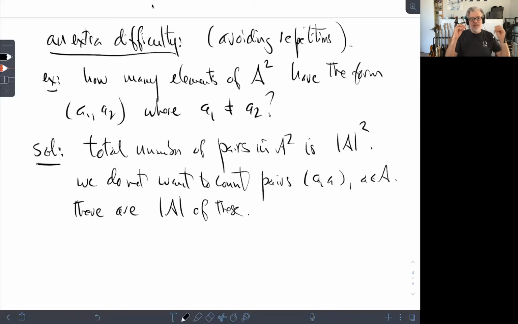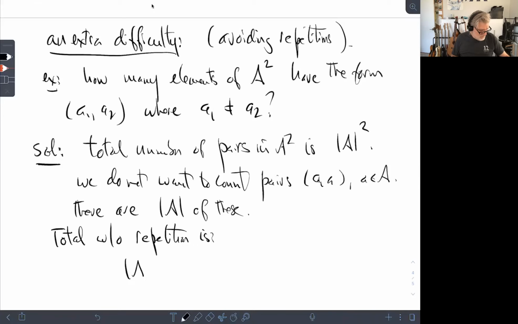So what I do is I count without restriction, and then I count those which are the bad ones, and I subtract. So the total without repetition is size of A squared, counting all of them, minus those that I don't want to count.